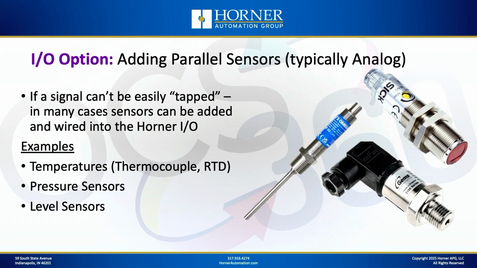Okay, so tapping into signals is one thing. Maybe in some scenarios, you're going to need to add additional sensors to an existing machine to monitor independently what's going on with that machine, again, for the purposes of digitizing it to the cloud.